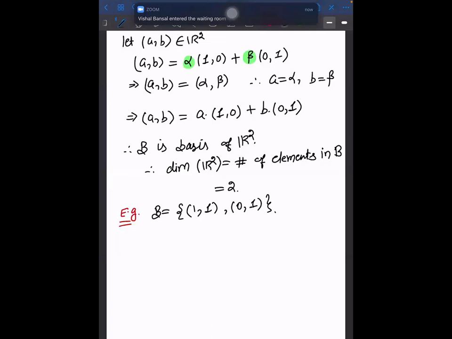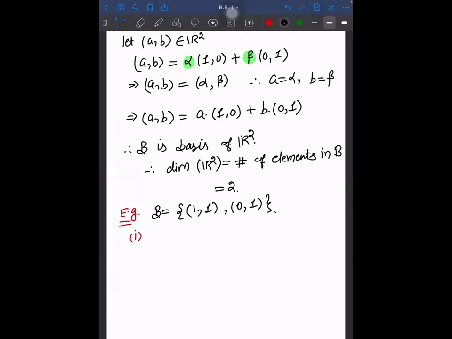So now can we prove whether this is a basis or not? For proving that B is a basis of R2, we need to prove two things. One, B should be LI. Second, B should span R2. Are you with me on this? Yes, sir.